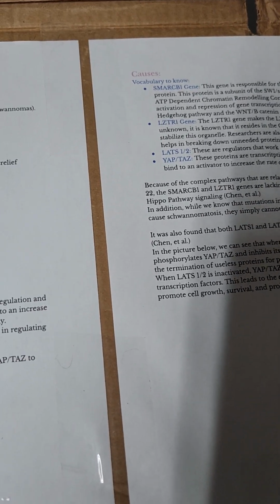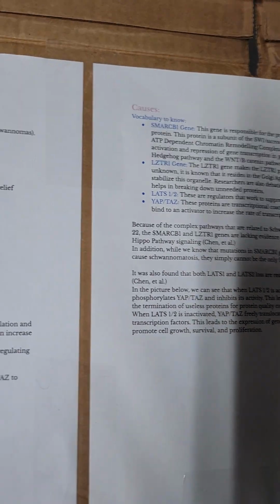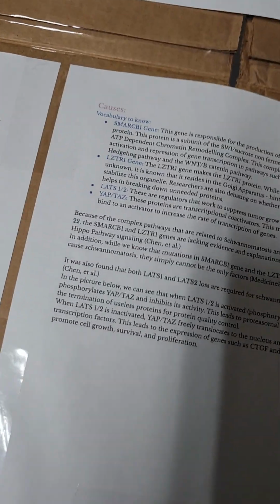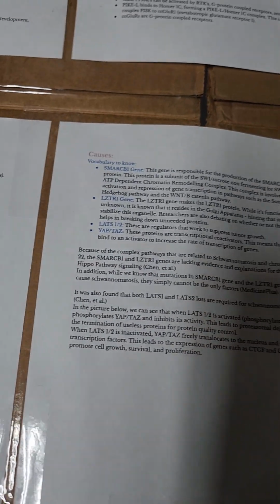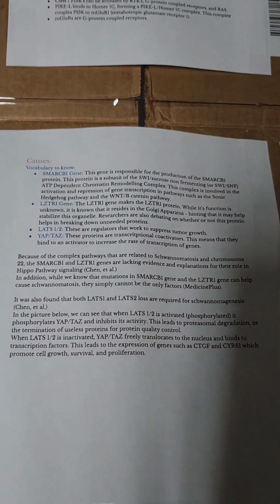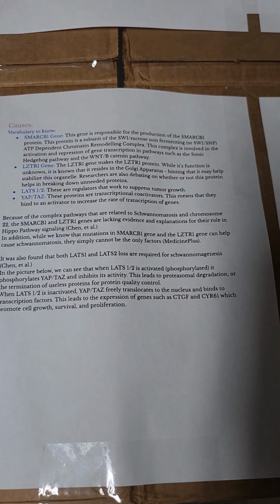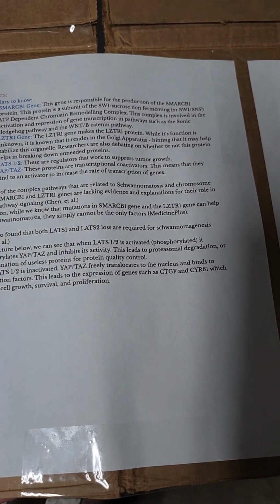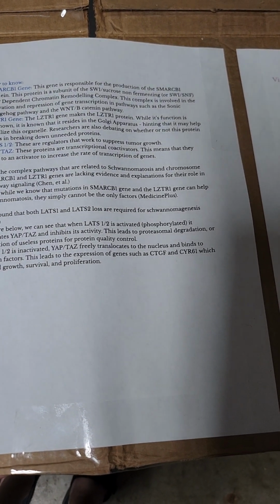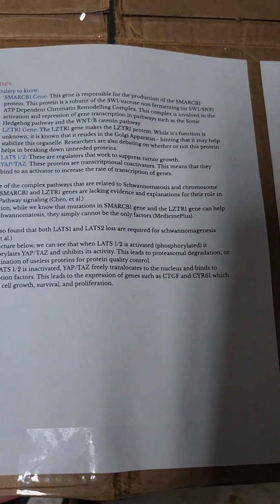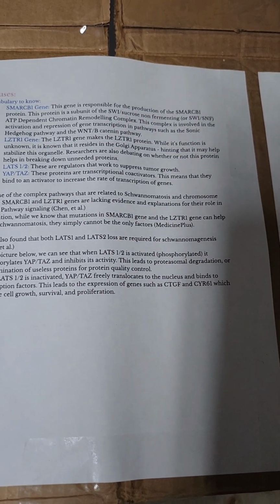So it was really informational, because neurofibromin has a huge impact on schwannomatosis, which is super weird considering that the genes known for schwannomatosis are the LZTR1 gene and this SMARCB1 gene, but I spent hours looking for the pathways or anything specific to those genes that could cause schwannomatosis.